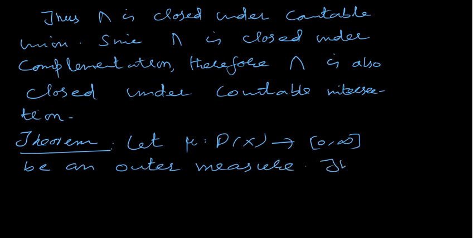Then this triplet, consisting of X, lambda and mu, is a measure space.